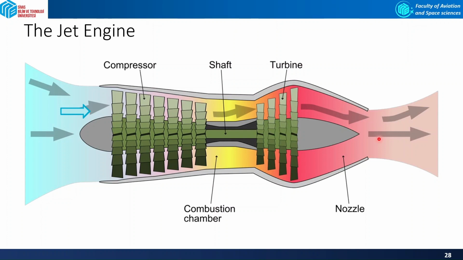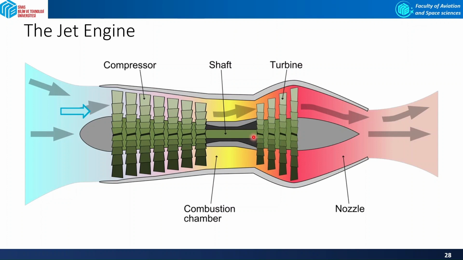So even though there is some compression of air in front of the engine, the majority of this compression is achieved inside the compressor part of the turbojet engine, and the amount of energy that is put into the gas is limited by the maximum temperature.